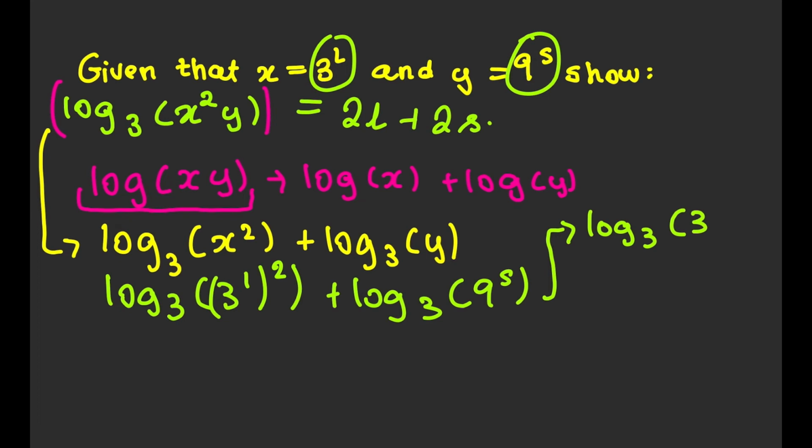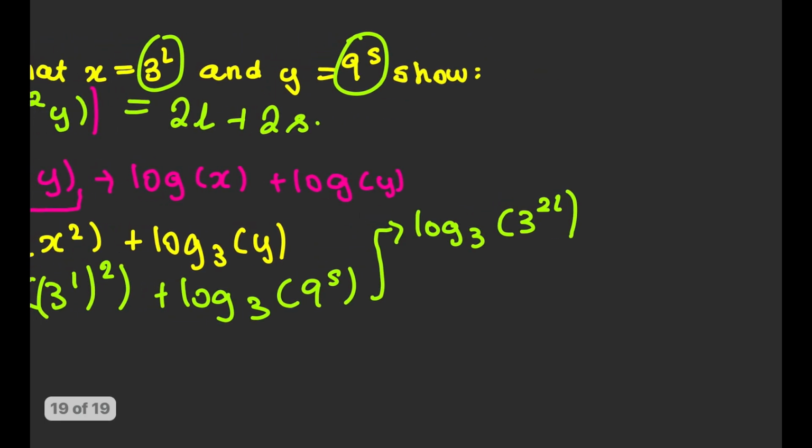Now we have power L and power 2, so we have two powers together. That means we're eligible to multiply the powers to create a standard expression. So 2 and L simply becomes 2L.